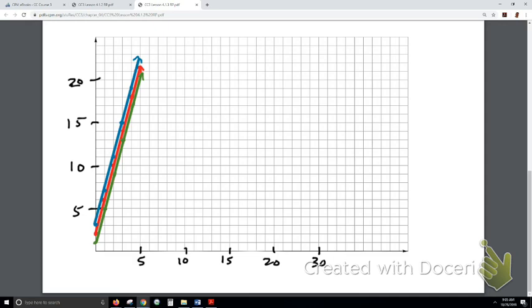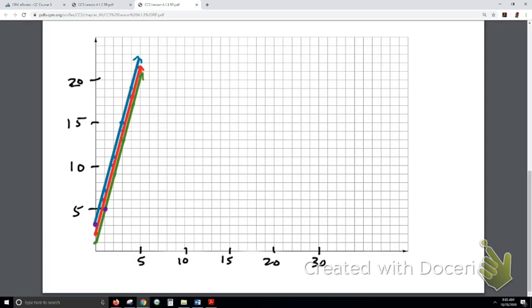Okay, and so the last pattern here, pattern number 4, has a slightly different equation. It's y equals 2x plus 3. So let's go ahead and plot that. And I'm going to go ahead and use the same color that I used on the previous table of purple. Okay, so the first point is (0, 3). Second point is (1, 5).